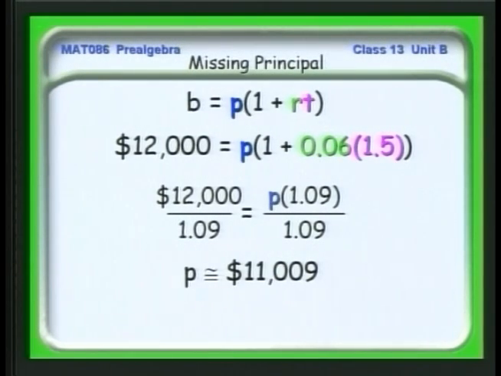This would tell me that in order to have $12,000 in a year and a half, if Rosie puts in $11,000 now and then lets her money grow, she will have enough to realize her dream of a motorcycle when the interest rolls around to give her the final balance of $12,000.